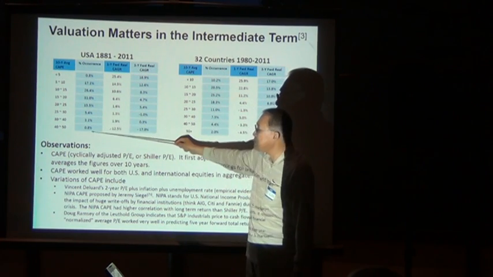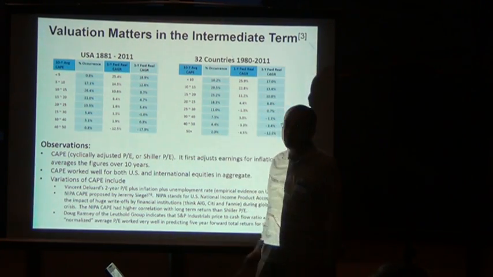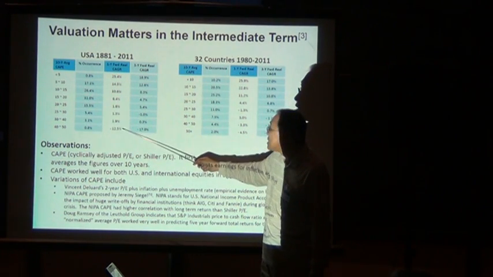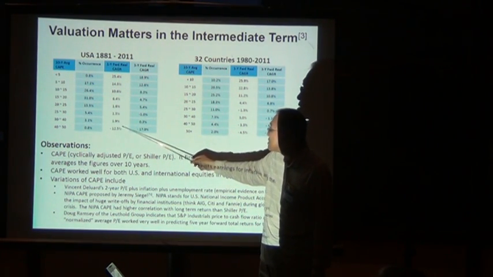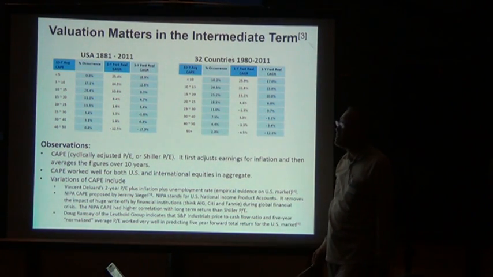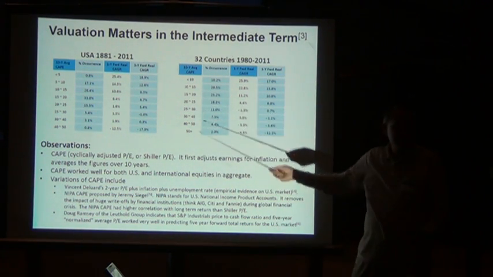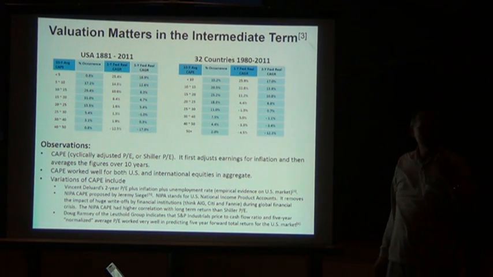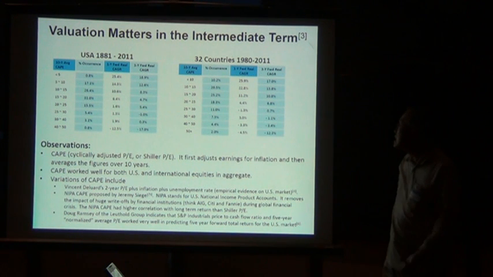Once you get very expensive, such as during the internet bubble or during 2007, the forward 1 year return was negative. The forward 3 year return was negative. So this is certainly a very clear indication that the CAPE as a concept worked quite well in the U.S.